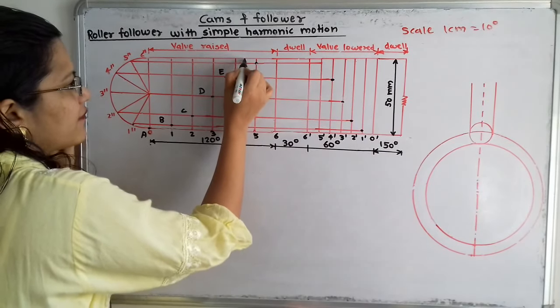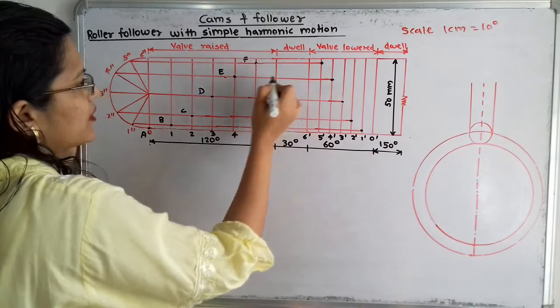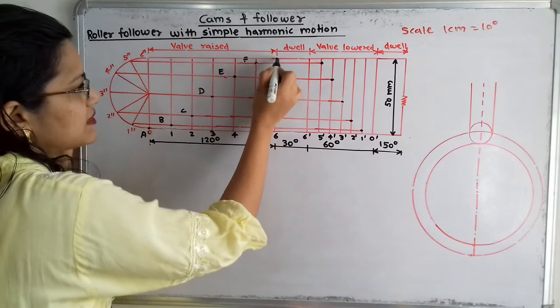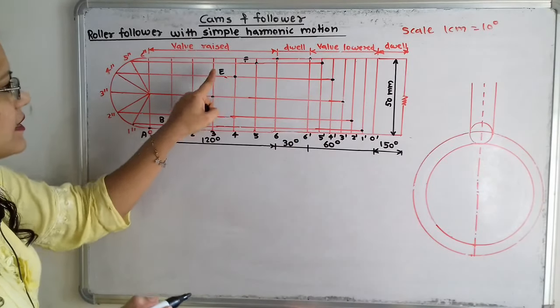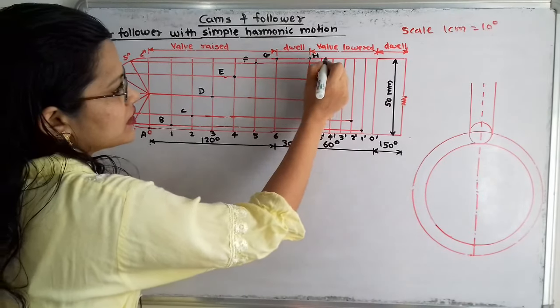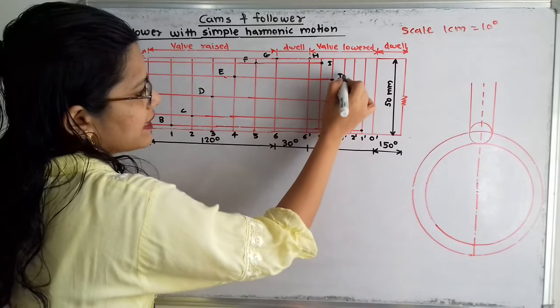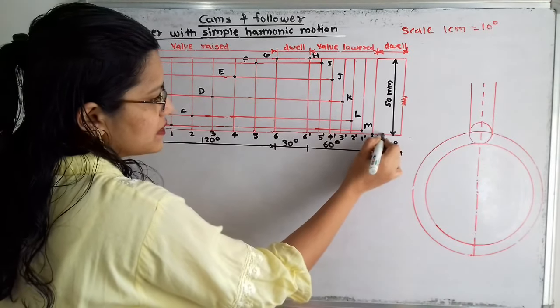So here is F, and here 5 double dash to 5 dash. So here a point is getting selected. 6 double dash to 6 and 6 dash. So now A, B, C, D, E, F. So here this point is G. Here is point H, I, J, K, L, M, and here the last one is N.